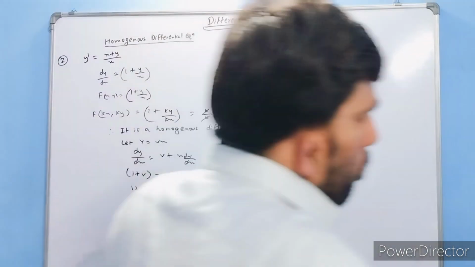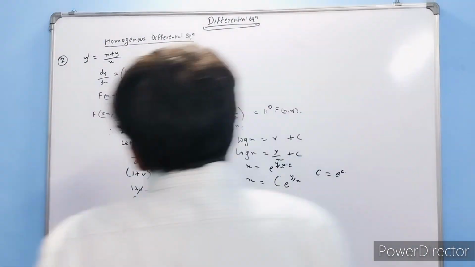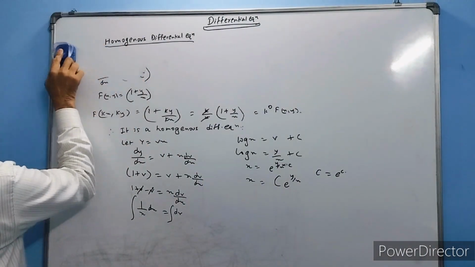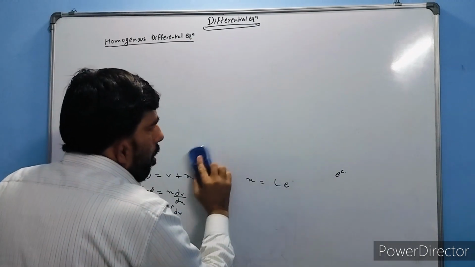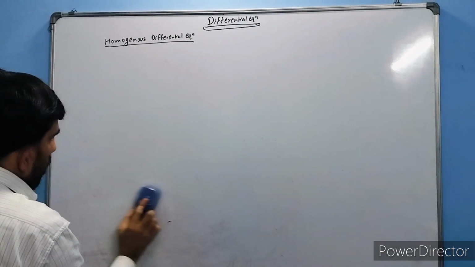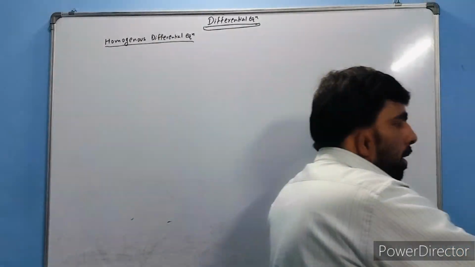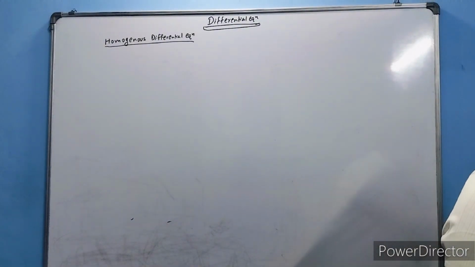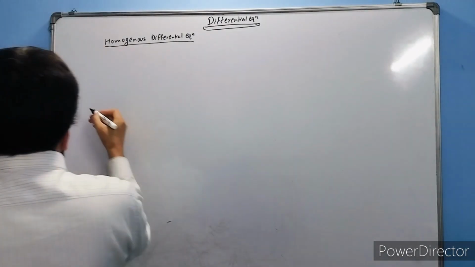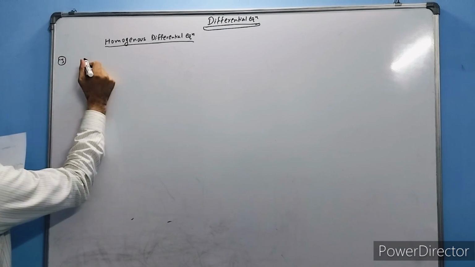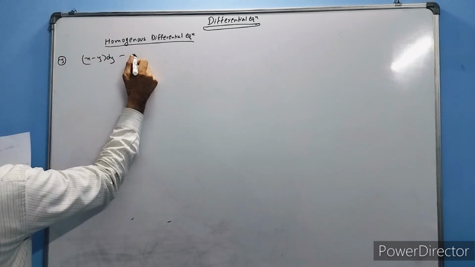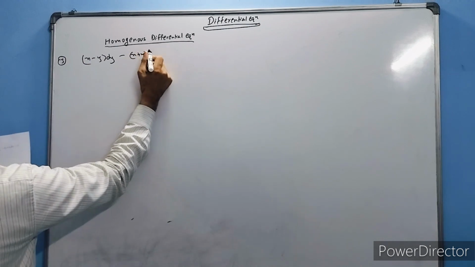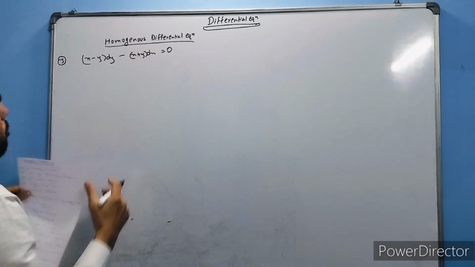Now let us try to solve the third numerical. Let us see whether the next differential equation is homogeneous or not. We have the third question: x minus y dy minus x plus y dx is equal to 0.